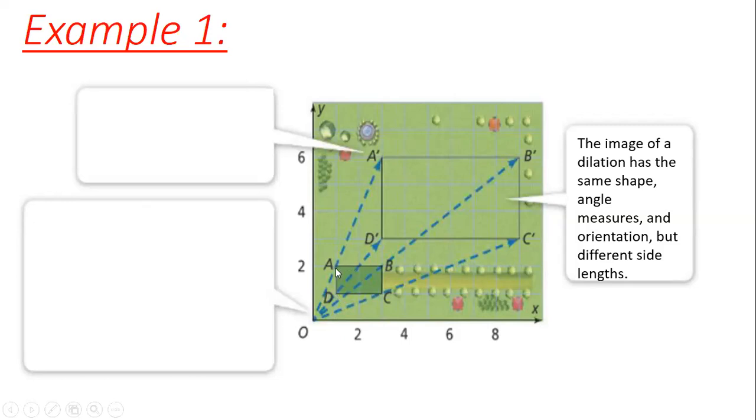From B till C. So BC is a side, yes? Compare this BC to the other side of the image. It's going to be what? Bigger. Yeah, it's going to be B prime, C prime, which is larger than BC. So here the sides are different.